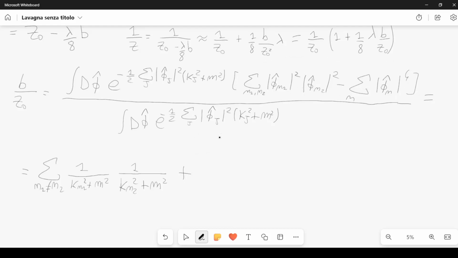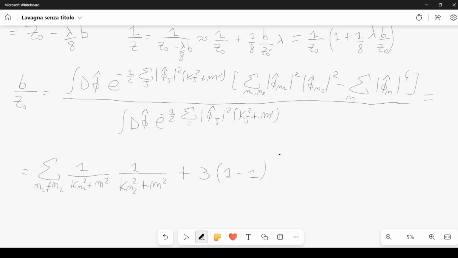So the integral of something like mod phi hat to the fourth, with all the other parts, will give you 3, and then, of course, you will have 1 minus 1, and this will be 0. This first one comes from this integration when n1 is equal to n2, and this second one comes from the integration of this other term.